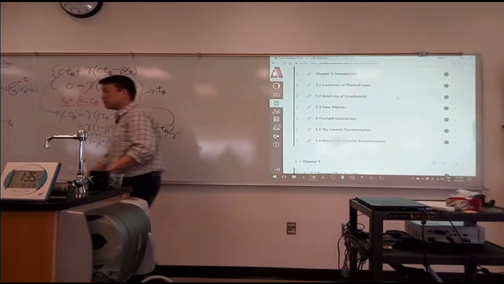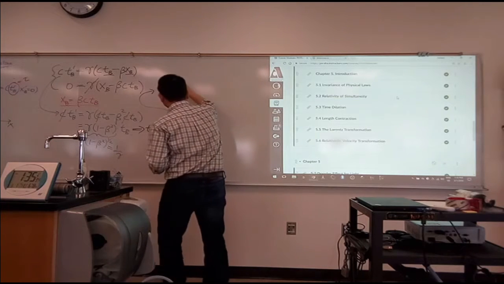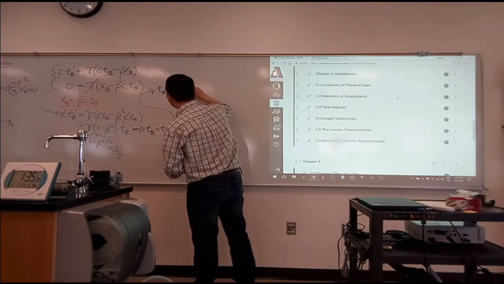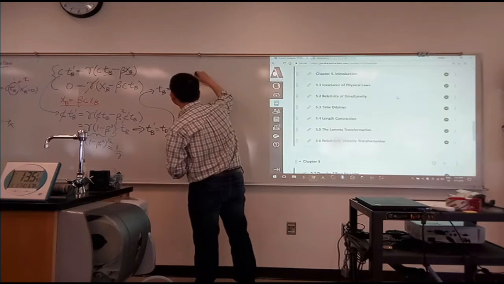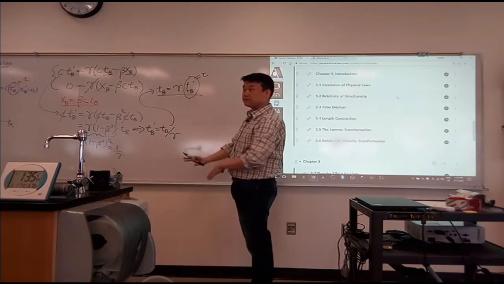We are not measuring the proper time for this clock because the clock is moving from my frame. So t b, the time I measure in the lab frame, is equal to gamma times the proper time, t b prime. This is the proper time tau. Good? That's what we were expecting to see. That's what we get.